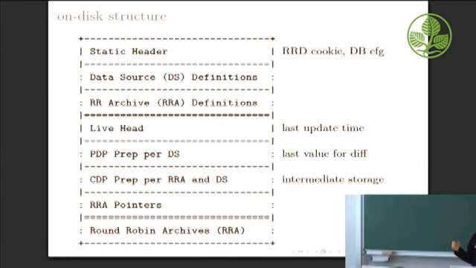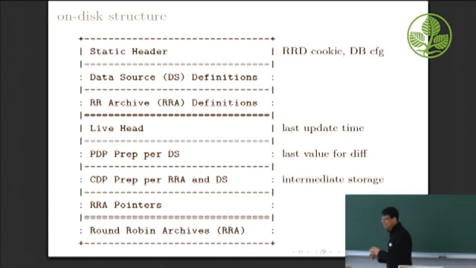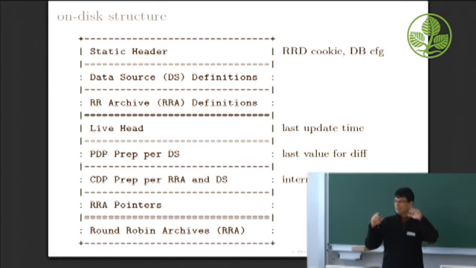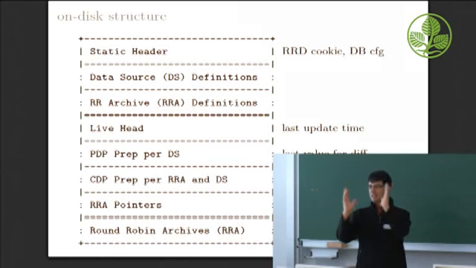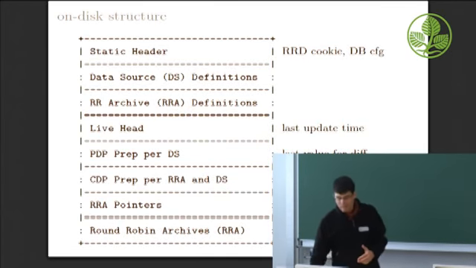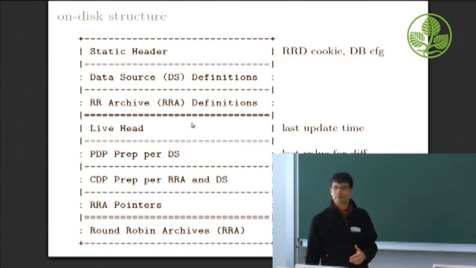So for all the round-robin archives, data preparation areas are stored in that location, and also the location where the data is being resampled into those base intervals you set up for the database, meaning that as you're updating the round-robin database, only this very beginning of the database has to be touched.